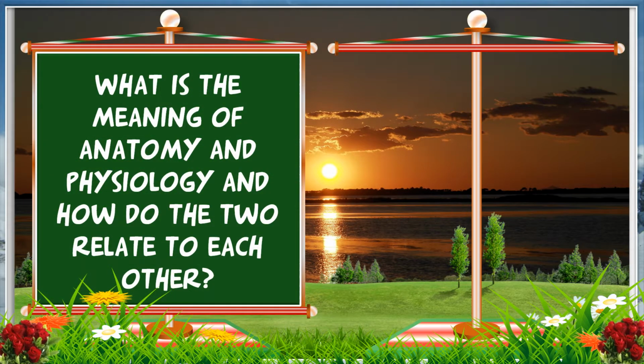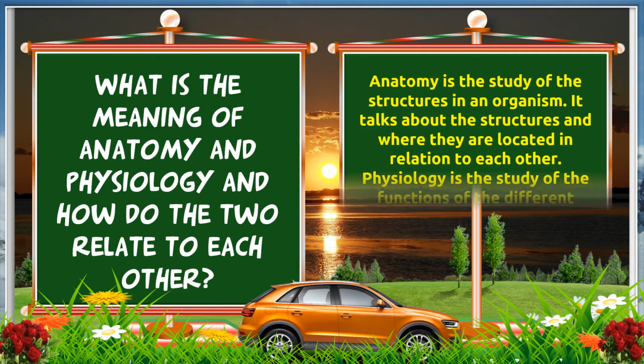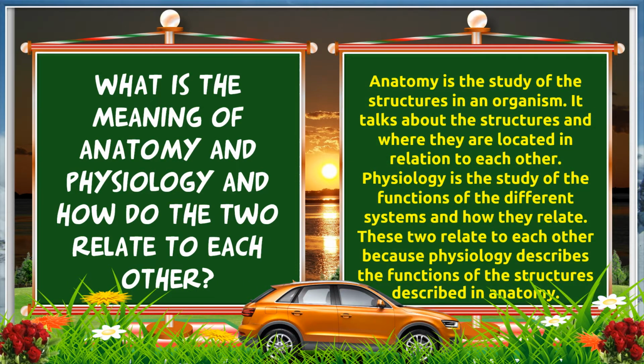What is the meaning of anatomy and physiology, and how do the two relate to each other? Anatomy is the study of structures in an organism. It talks about the structures and where they are located in relation to each other.